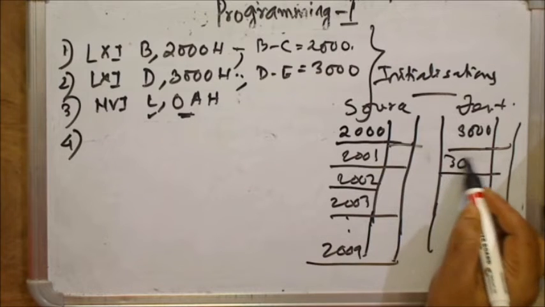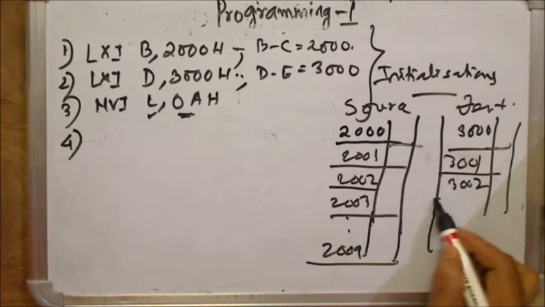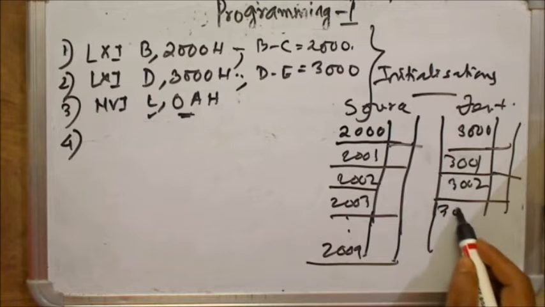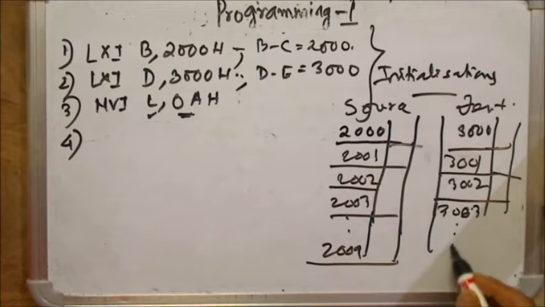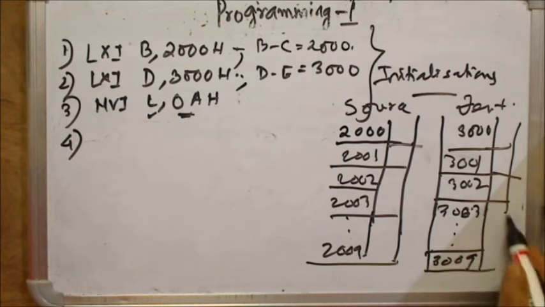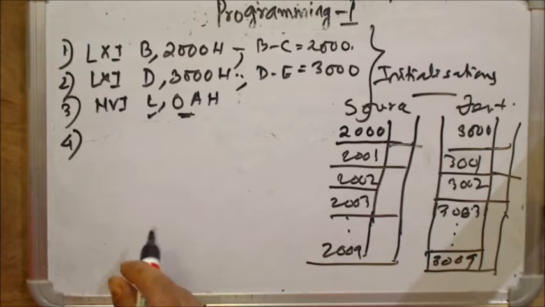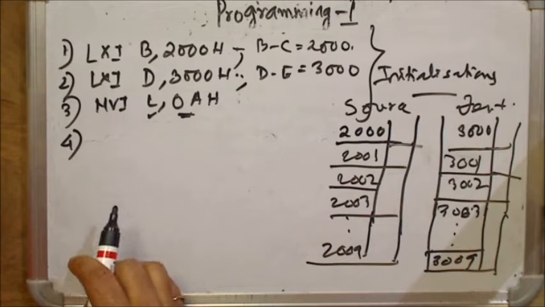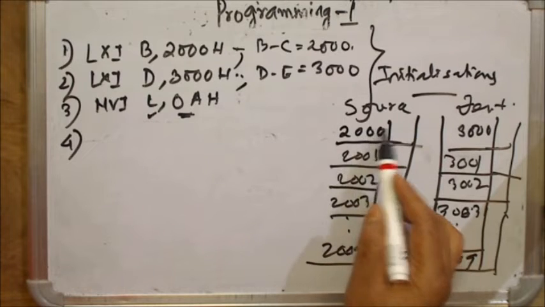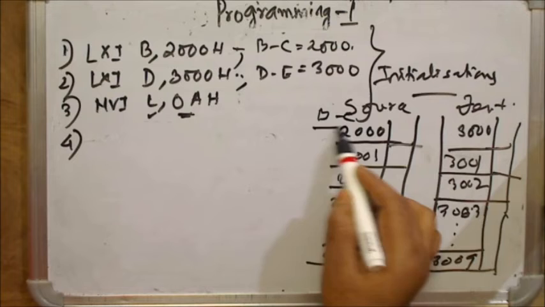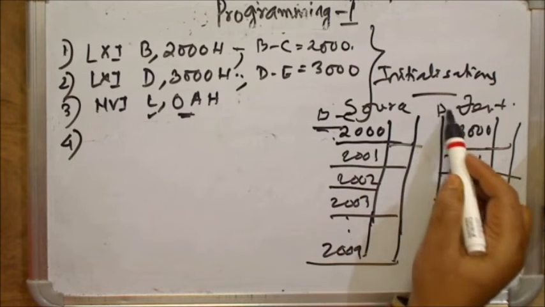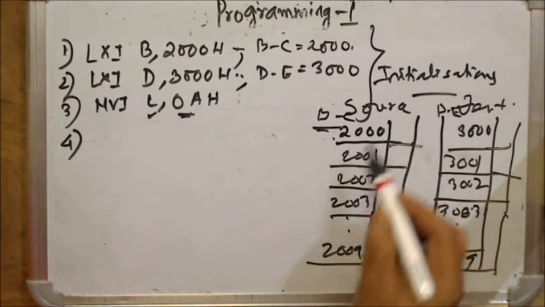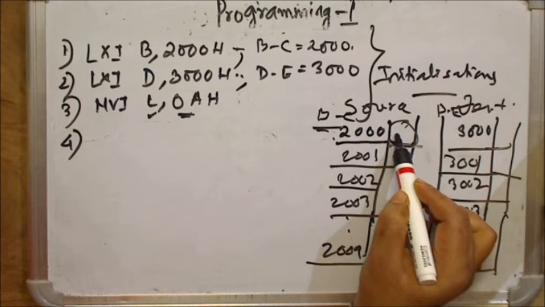Similarly 3001, 3002, 3003 up to 3009. Fine. Now take the data pointed by BC pair. We have initialized the source with this BC pair, and initialized the destination with DE pair.